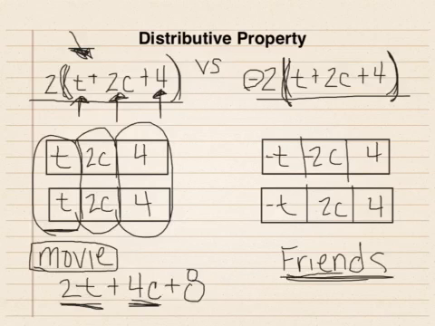And so now we would look and see that everything that we had for the movie theater perspective is just the opposite. And now we would end up with the friends spending the same amount, but to represent it, we would use each term's opposite.